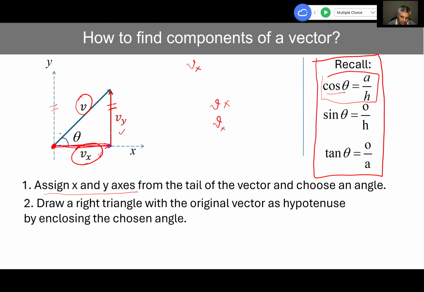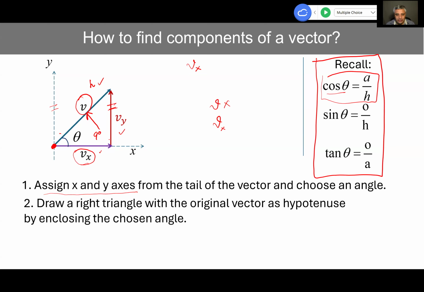This is the hypotenuse, opposite to that 90-degree angle, and I'm just writing h for that. So for this right triangle, do you know which side that x component represents? We already have the hypotenuse, so this is not going to be the hypotenuse. What other two sides do we know?